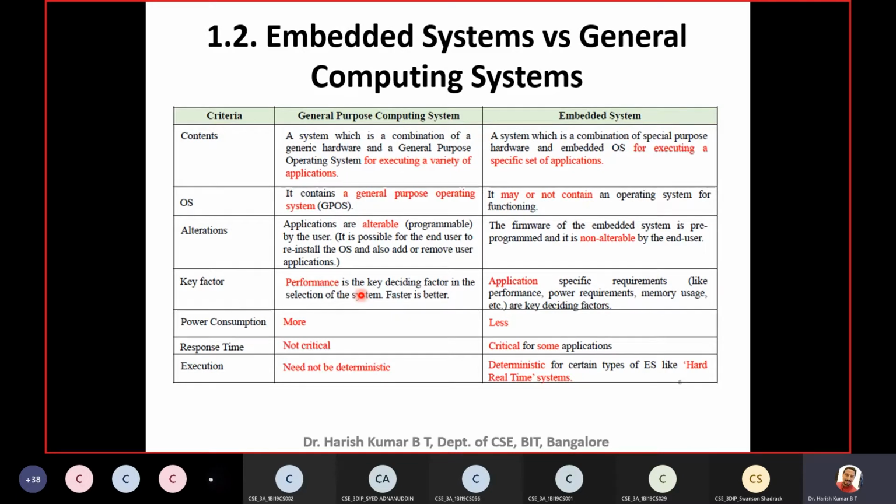Similarly, if I go for an embedded system, I look into application specific requirements like performance. But when you are deciding on an embedded system, it is not only performance. We also look into power requirements and memory usage.